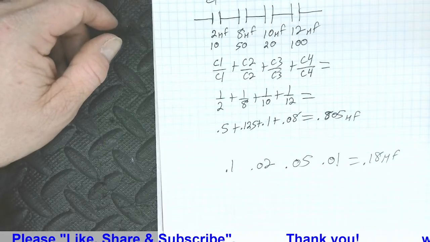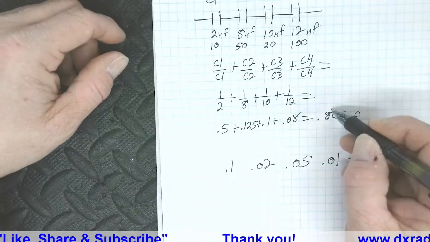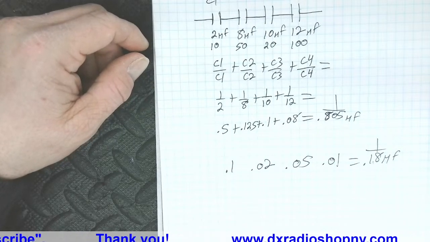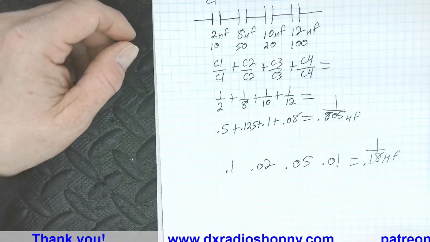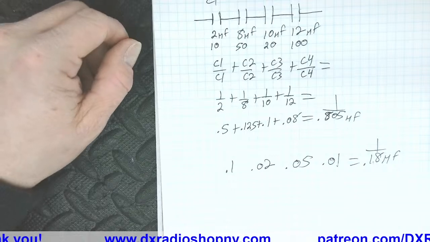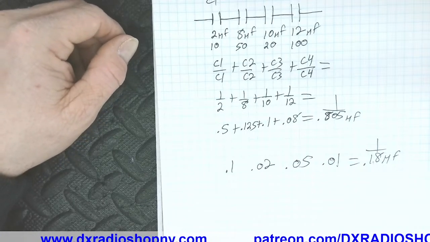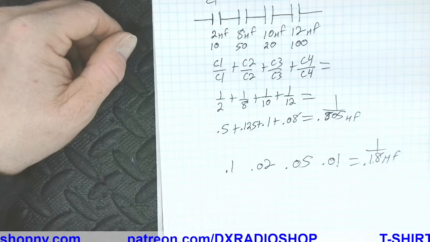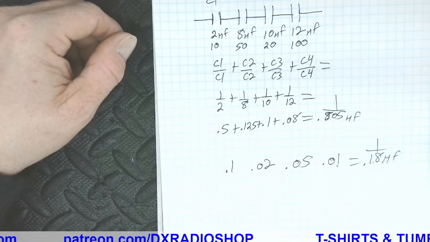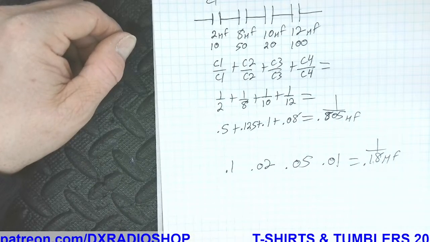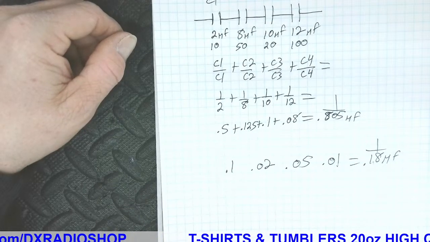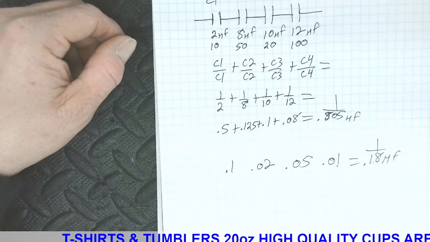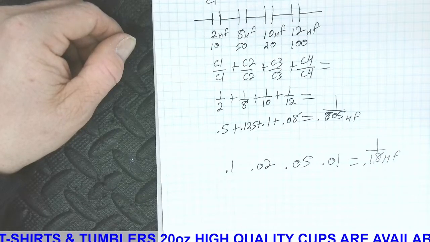So what we need to do here is take that number and divide it into 1 to see how they come out now. That should be 5.55.